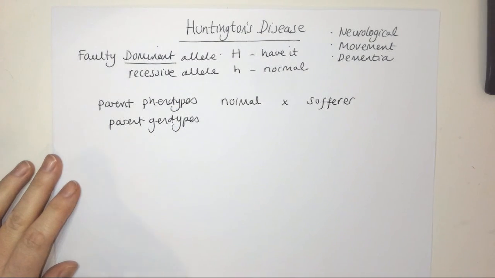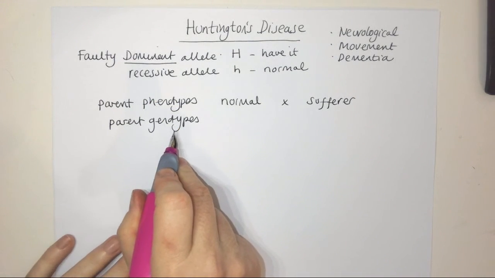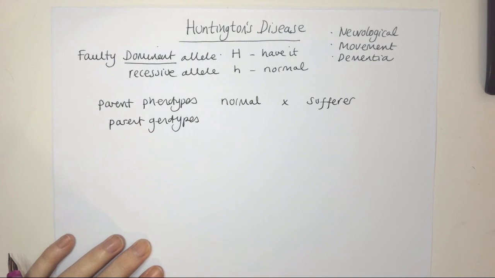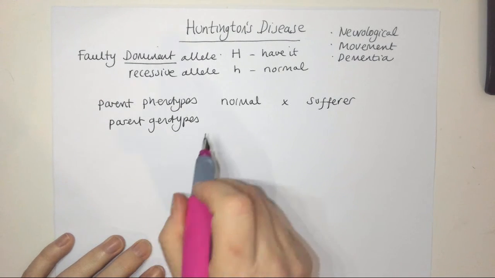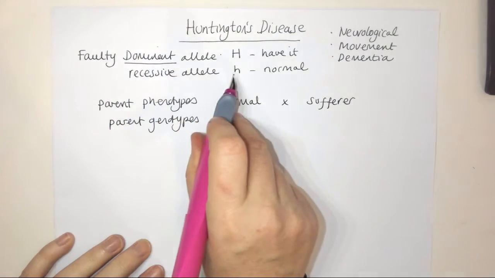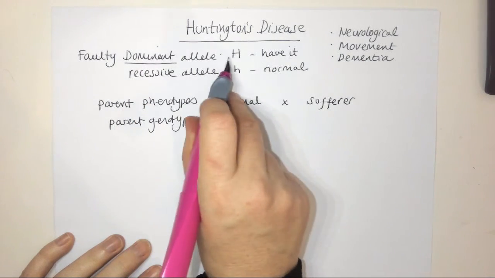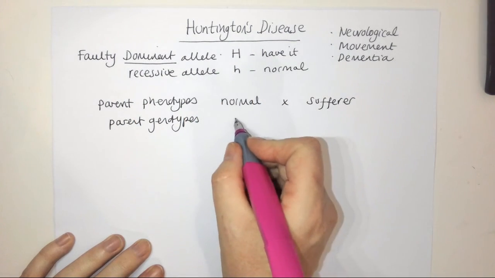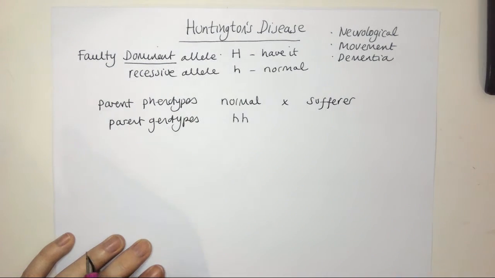What genotype would somebody have if they did not have the condition? Have a think. What do you reckon it might be? Well, it can only be one thing, because the recessive allele is normal. The dominant allele means that you have it, so normal must be little h.